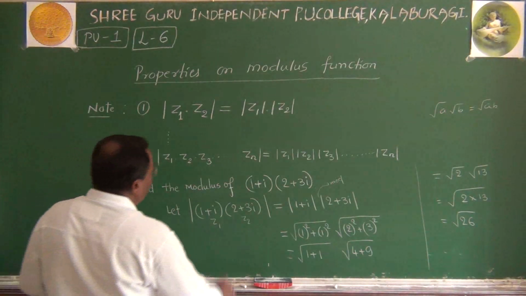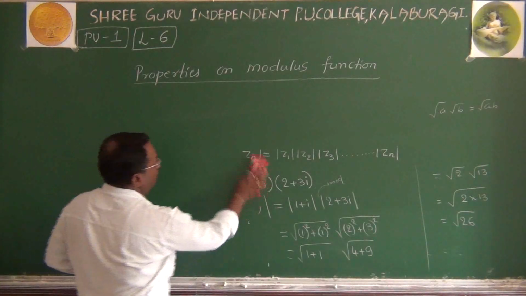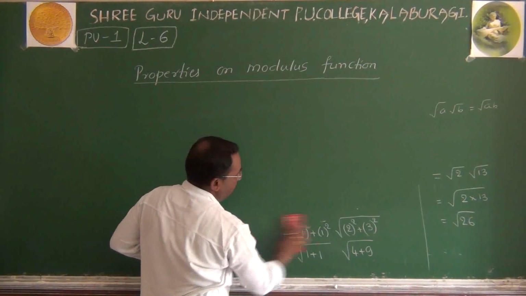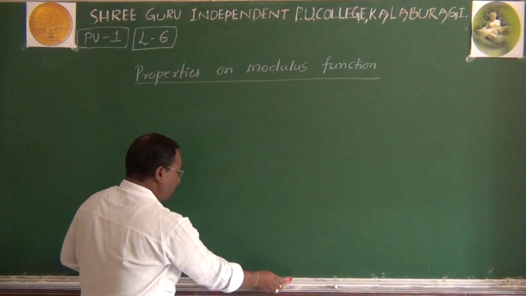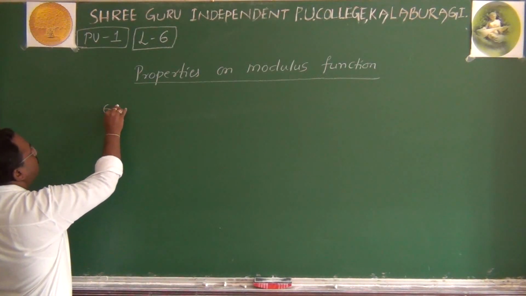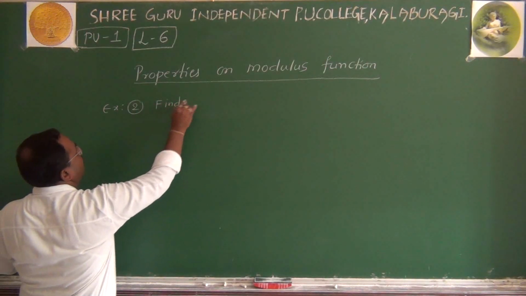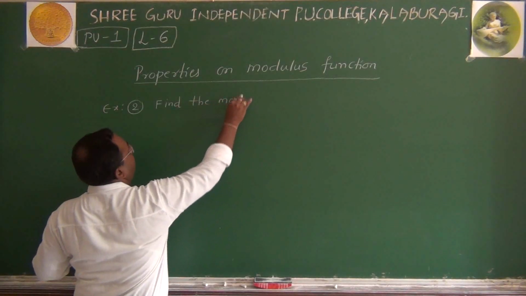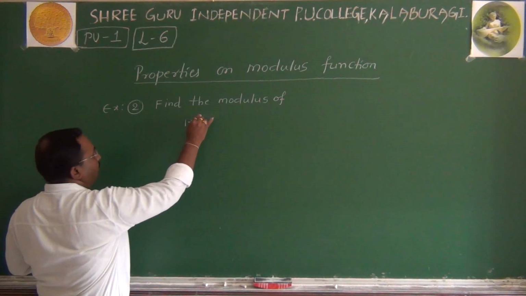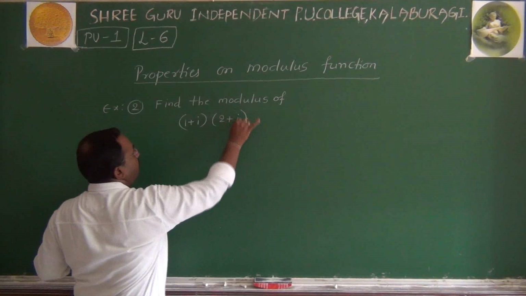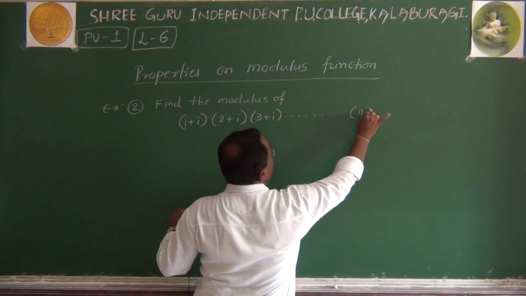Example number 2. Suppose we find the modulus of 1 plus i, 2 plus i, 3 plus i, a continuous product up to n plus i.